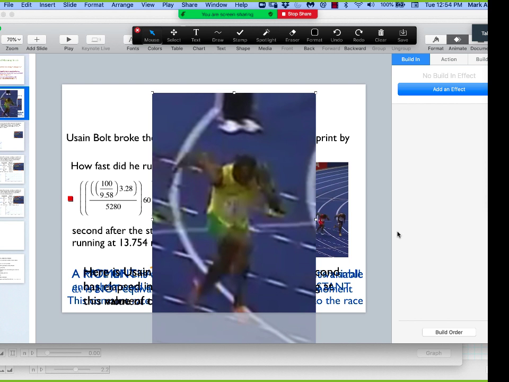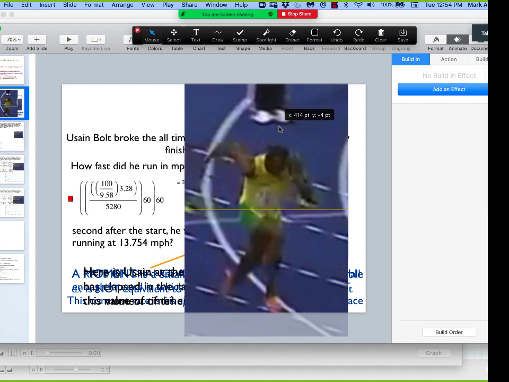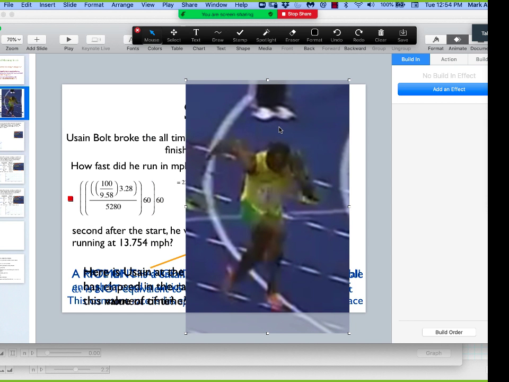So 13.754 means, given some change in time, right? Given some change in hours, what? Would you say that over that period of time he travels at that speed, 13.754 miles per hour?